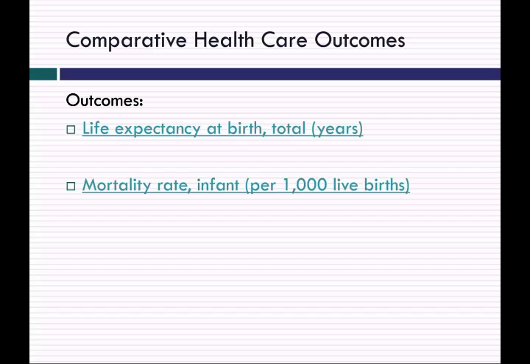Other healthcare outcomes that we can look at are very important. We have a very effective system. Our health service system has resulted in increased life expectancy and low mortality rate. So again, we can look at this in comparison with other countries. First, life expectancy at birth.